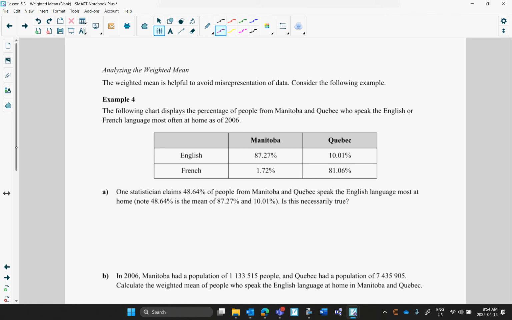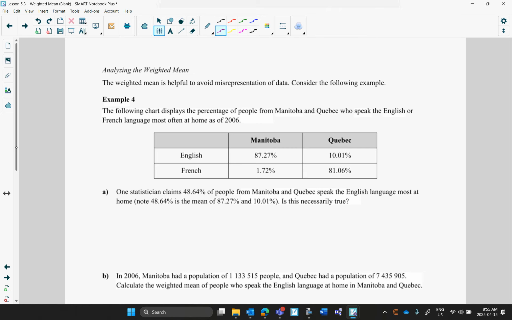So here we have a chart. The percentage of people from Manitoba and Quebec who speak English at home or French at home.